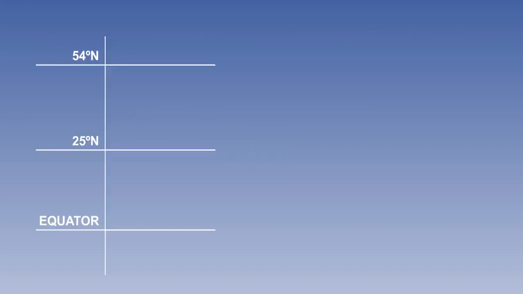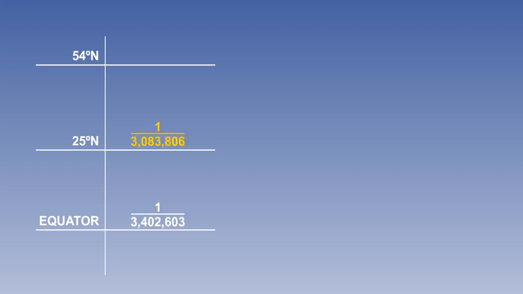We'll just check that our solution is sensible. Draw a little sketch showing the equator, 25 north and 54 north, which is the same scale as 54 south. Write in the 3 scales we found. At the equator, it was about 1 to 3.4 million.